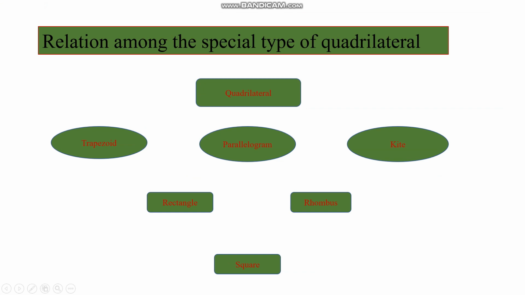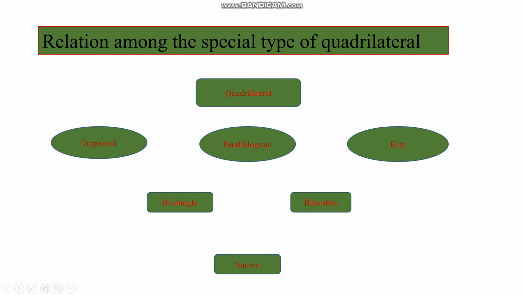The property of a parallelogram completely lies in the property of the rectangle. That is why a rectangle is also a parallelogram. Similarly, the property of the parallelogram completely lies in the property of the rhombus. So that is why a rhombus is also a parallelogram. Similarly, the property of the parallelogram completely lies in the property of the square.